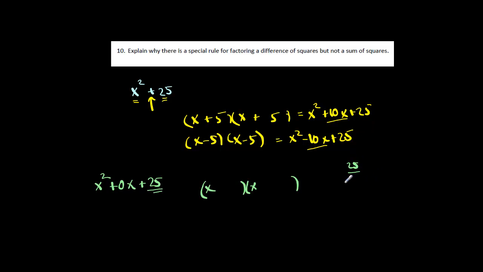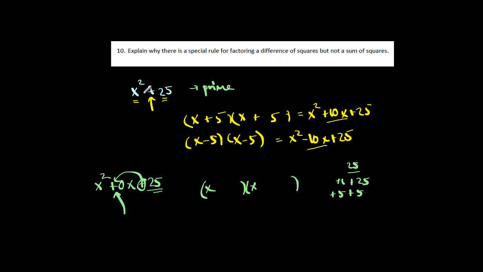So let's look at the possibilities. We already talked about this. Multiply to give you 25, but add up to give you 0, with both signs being positive. How is that possible? You're either going to get 10 or you're going to get 26. There's no way that's going to happen. So that means it's prime.